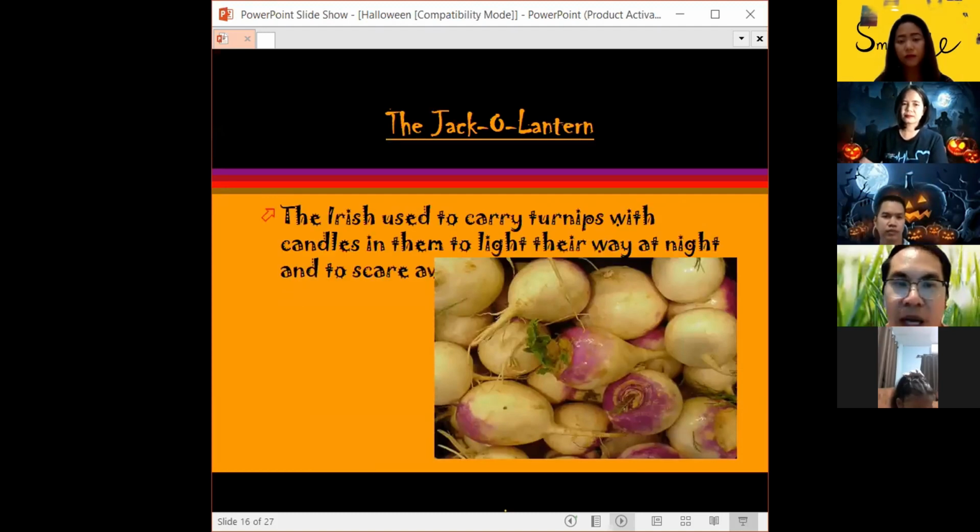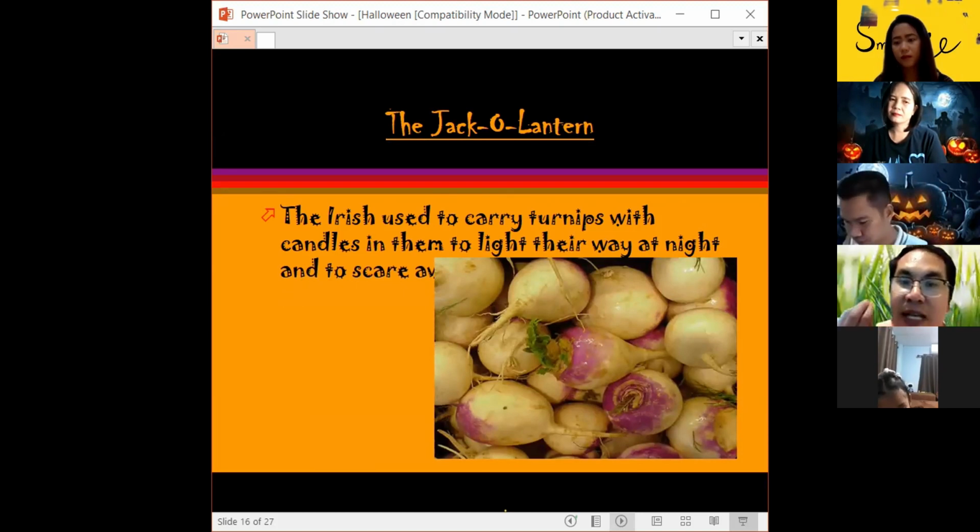Okay, now we have here the Jack o' Lantern. Jack o' Lantern started when the Irish used to carry turnips. All right, that is the turnips, wherein they would carve it and put some light in it, and it becomes a lantern or an accessory for them.